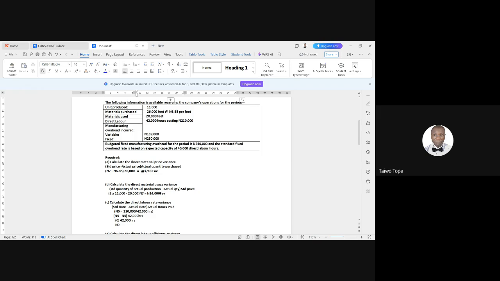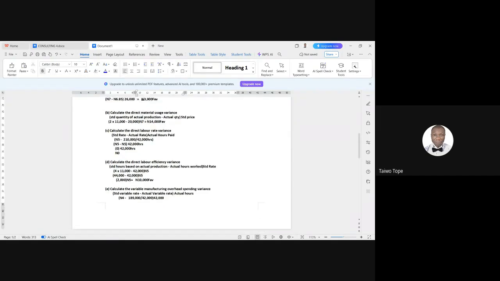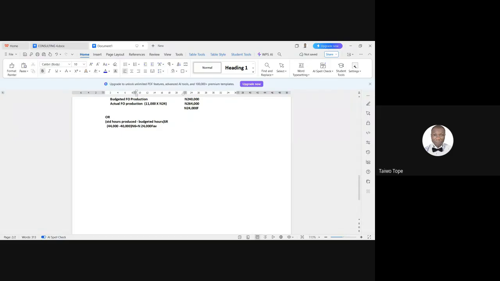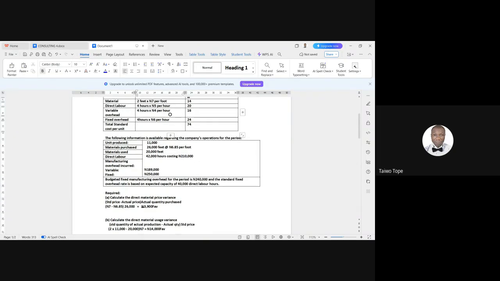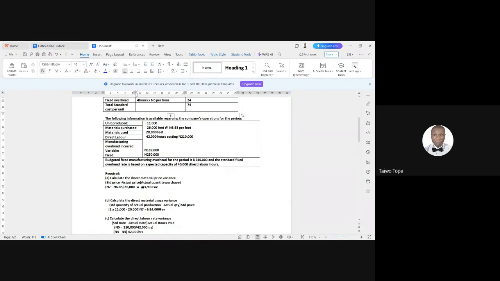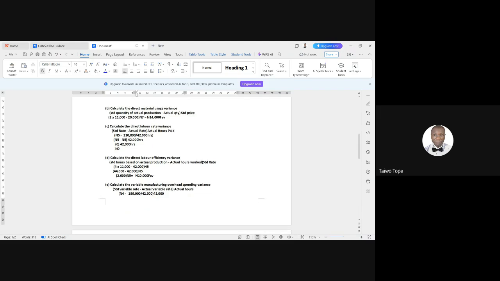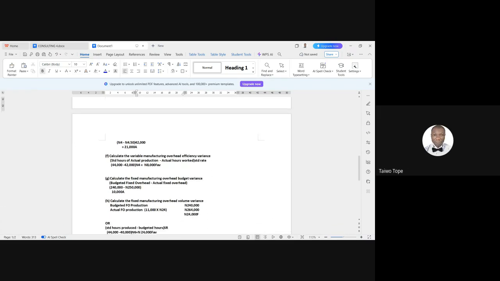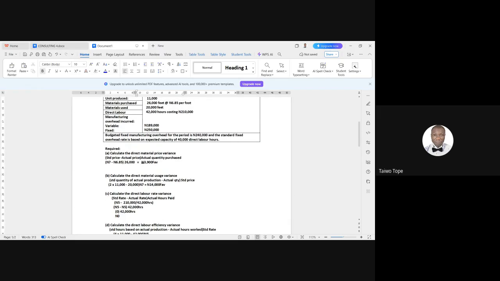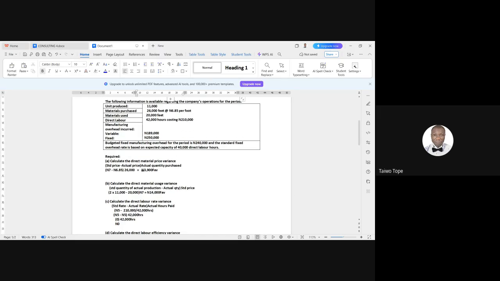Because we are working based on hours, I can now work based on this other aspect, that my standard hours produced is what? That is my 4 in terms of fixed overhead, multiplied by the actual units produced, which is 11,000. 11 multiplied by 4 is 44, minus 40,000.